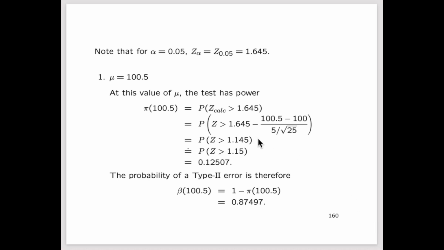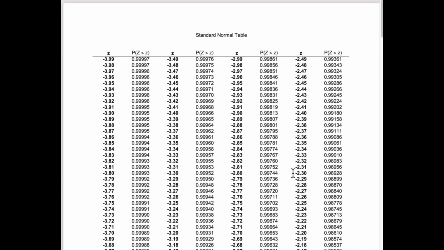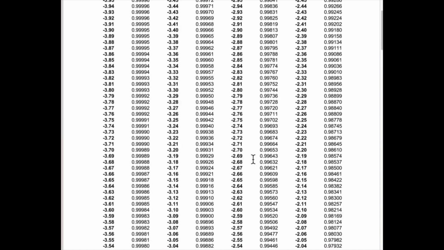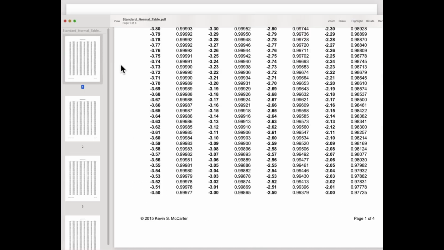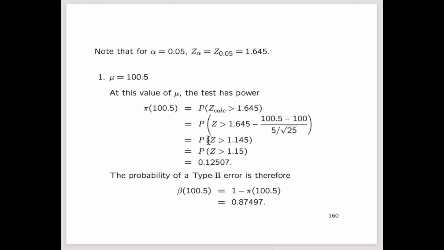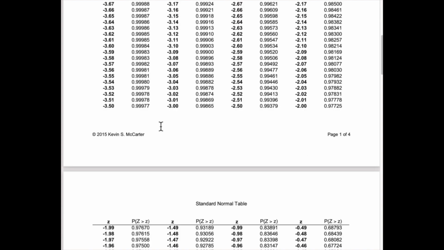Now we're going to be determining this probability, at least an approximation of that probability for now using the standard normal table. And so using the standard normal table that's available on the course Moodle, all right, we want the probability that the standard normal random variable z is greater than 1.145.